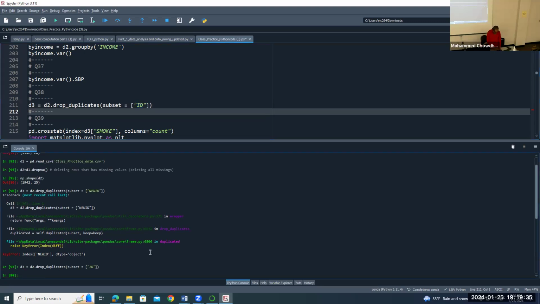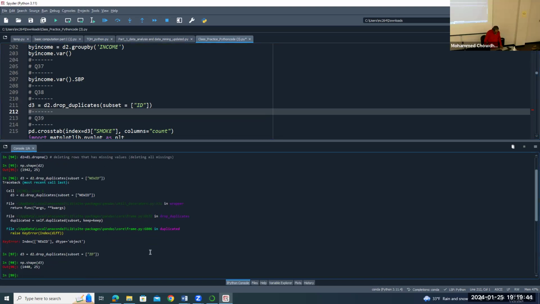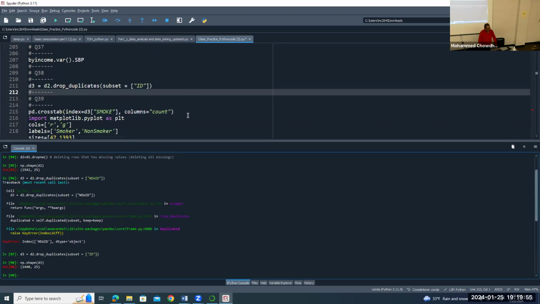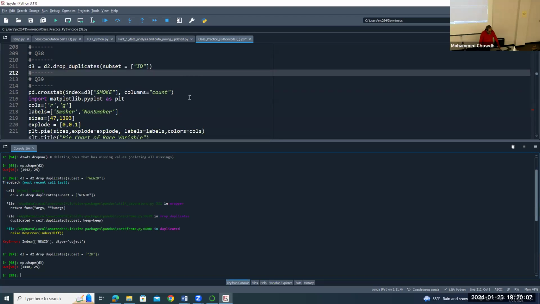Let me check now the dimension, NP dot shape. So now what I did, D3 data has been created. In the D3 data, there is no repeated measurement, okay?